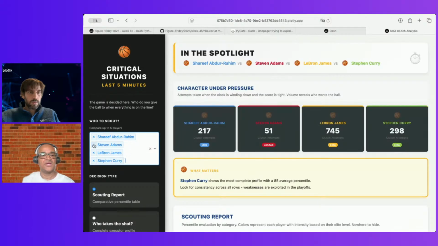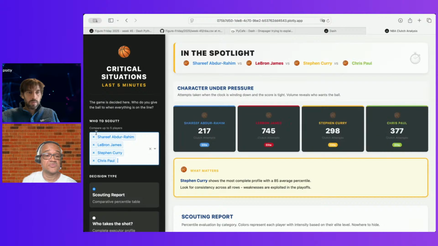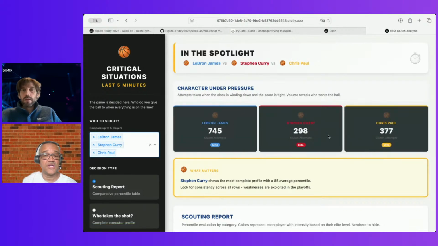Stephen Curry, you can select another one, Chris Paul. Stephen Curry only has 298 clutch shots. I thought he had a lot more.